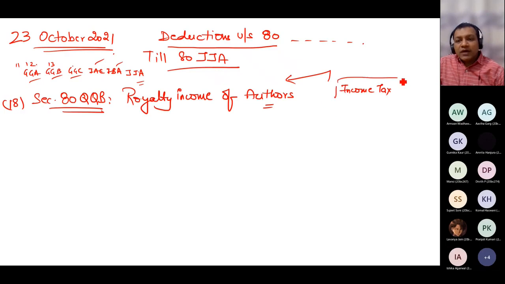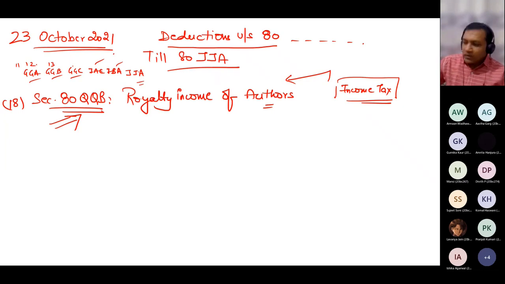So whatever royalty income I am earning, I can claim this as a deduction under section 80QQB. To promote this interest in book writing, we get a deduction. The department gives you a deduction under section 80QQB, but there is a limit, maximum 3 lakh rupees. So 80QQB is the deduction which is allowed on royalty income which is earned by the authors.